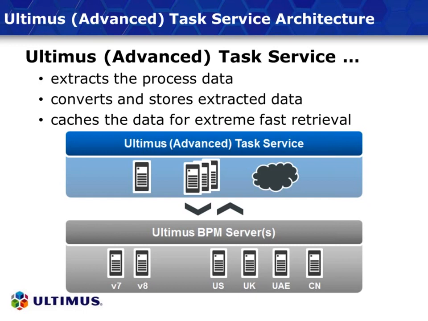And with the introduction of the Ultimus Advanced Task Service, we are extracting the process data from those Ultimus BPM servers and convert and store this extracted data in an internal structure and cache this data for extremely fast retrieval. So all requests from client side are going against this Ultimus Advanced Task Service and are decoupled from the original BPM servers.